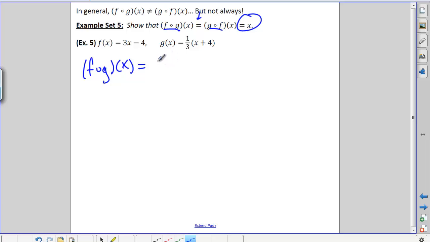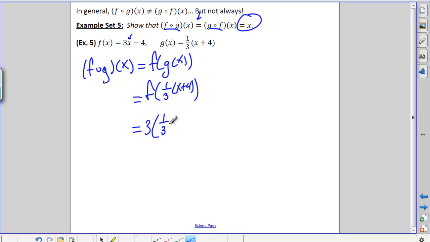So first, what's f of g of x? So g of x is a third times x plus 4. So then if we plug that into this x right here, this is the result. And I just mixed up my parentheses.